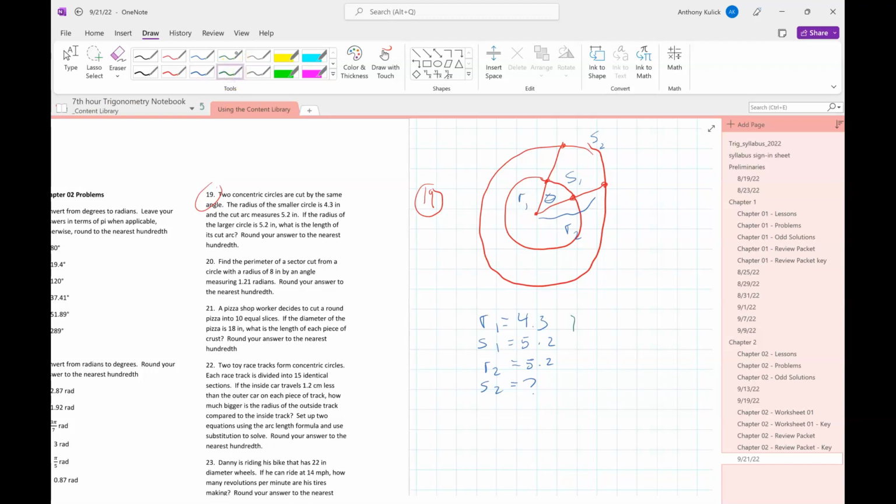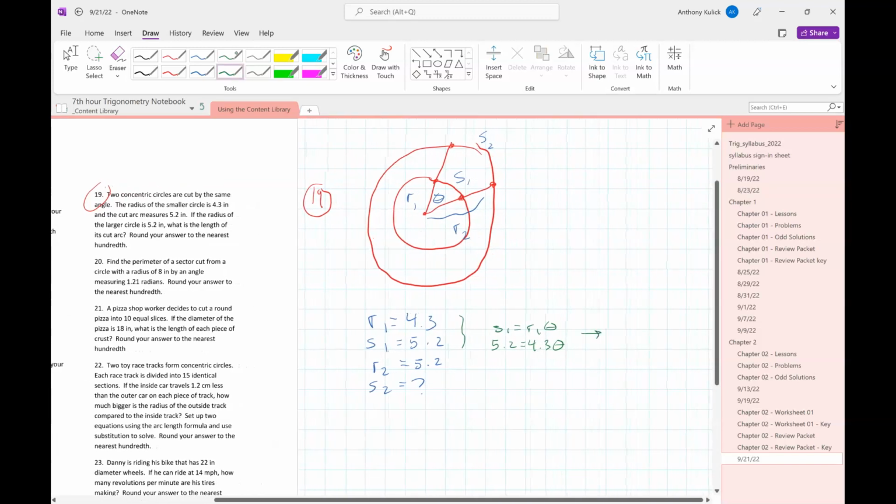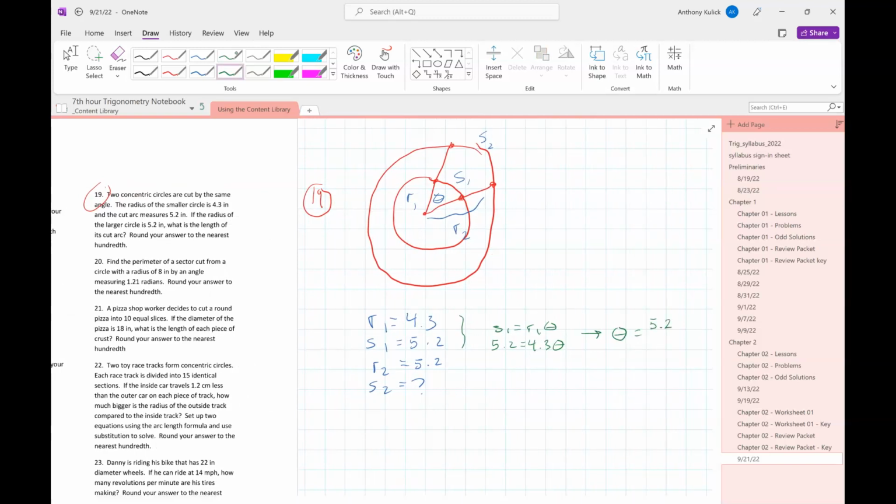So what I'm going to do is take this information and say that S1 is equal to R1 times theta, or 5.2 is equal to 4.3 times theta. So if I divide both sides by 4.3, I get my value for theta.